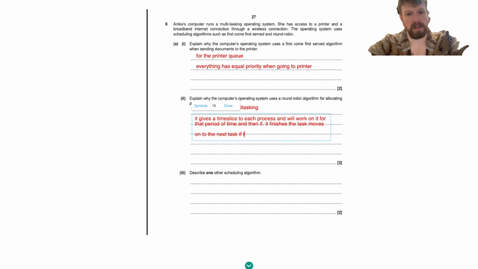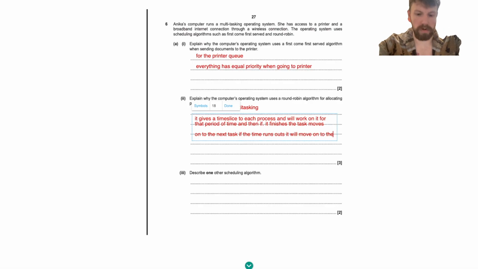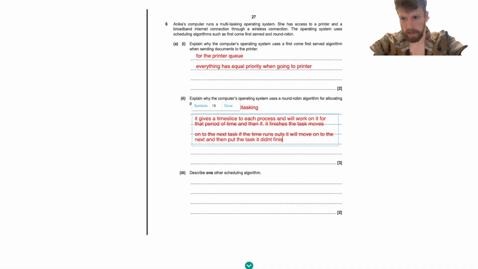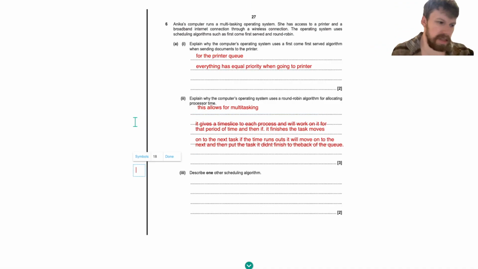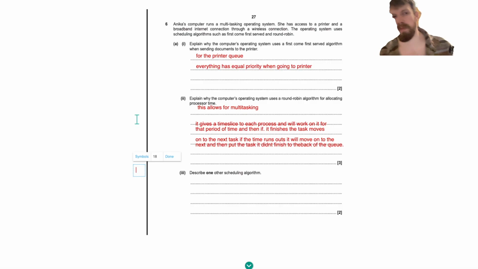If not, if the time runs out, we'll move on to the next task, and it puts the task it didn't finish to the back of the queue. Okay, and then it's just to really talk about how the processor is going to use this to efficiently go through all of these, and how it's really important that it does these things as efficiently as possible.